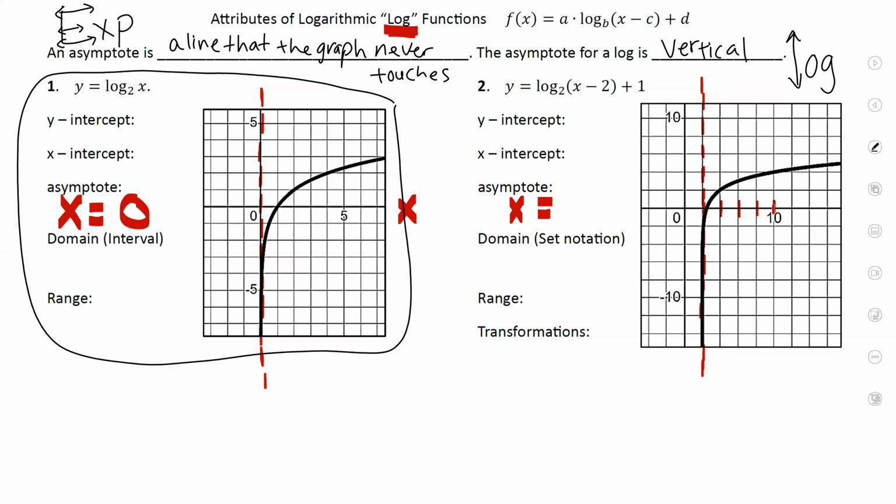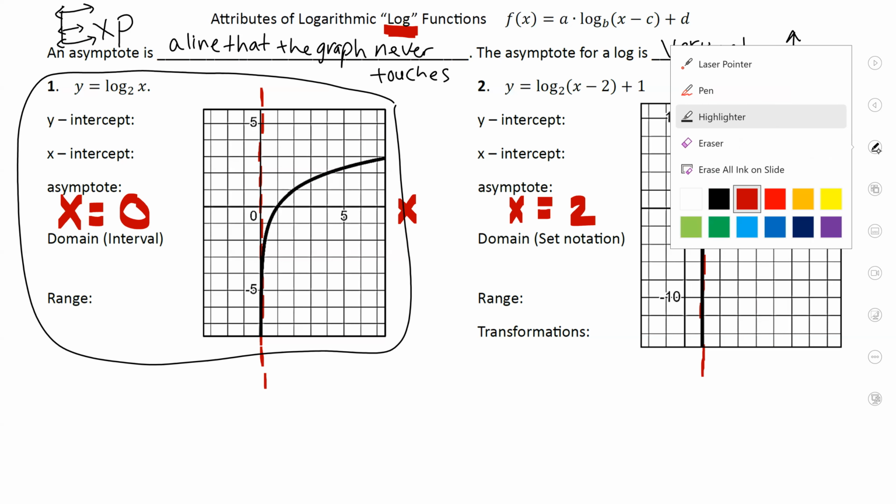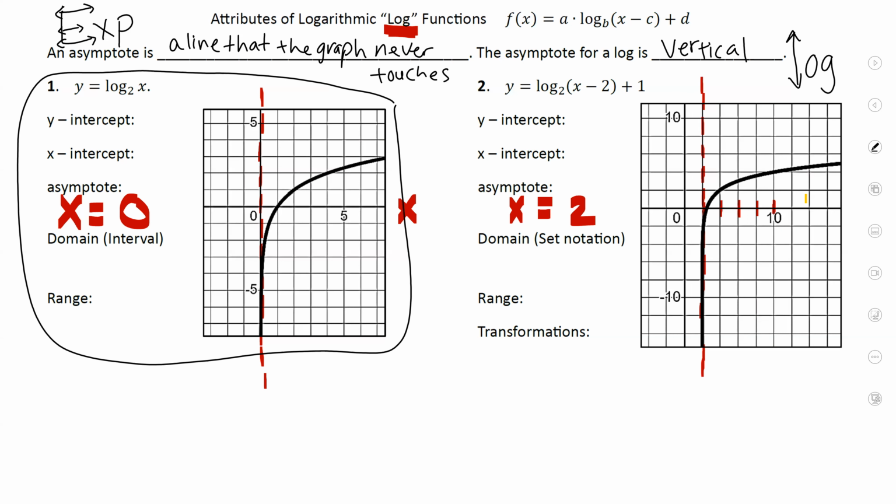That's why I wanted y'all to look at it first. So it is not at 1, it is at 2. Now, guys, looking at the equation for number 2, I want you to notice that it'll always be the opposite of the inside number. The opposite of the inside number will be the asymptote for a log. Okay? We'll see that as we do more examples.